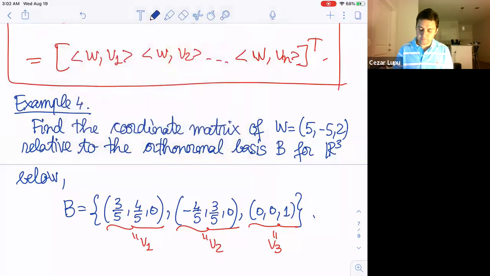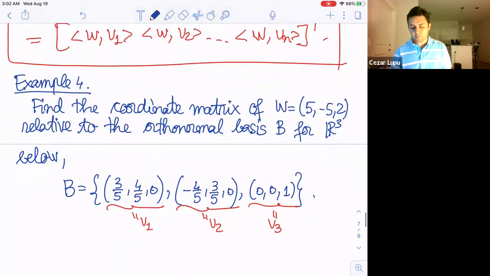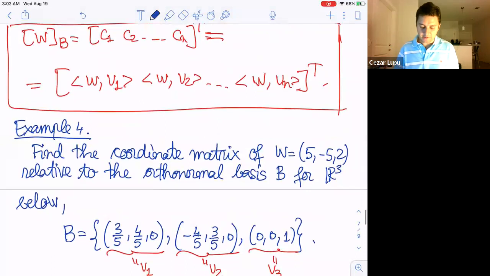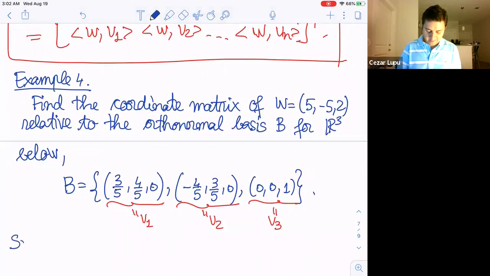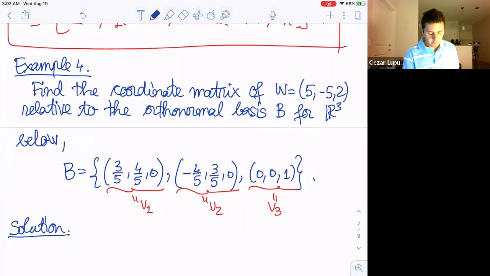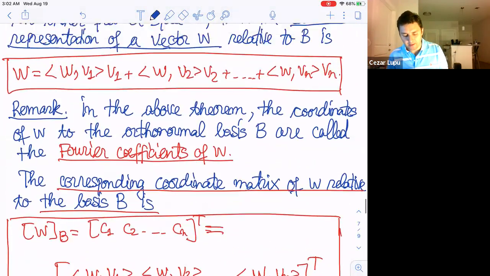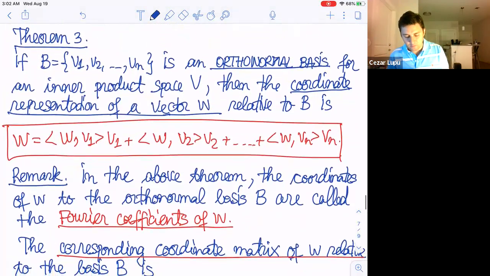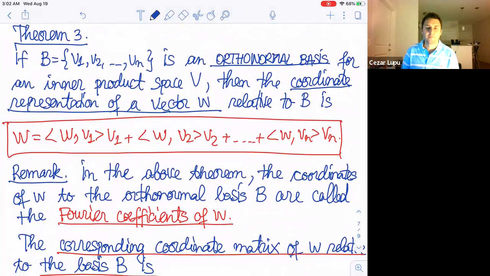Let's look at it. What we need to do is use the above theorem, theorem 3.